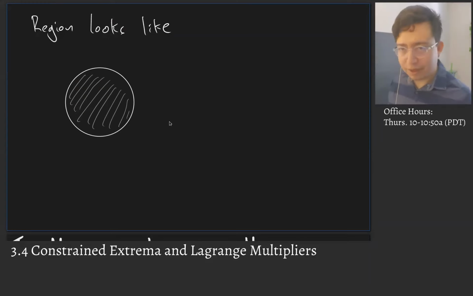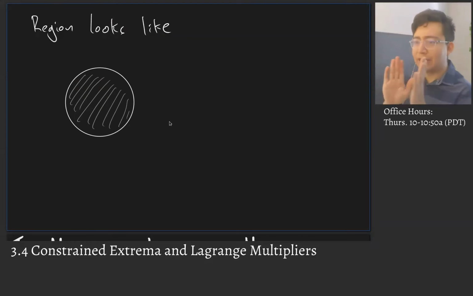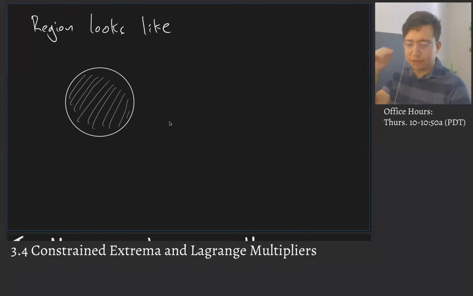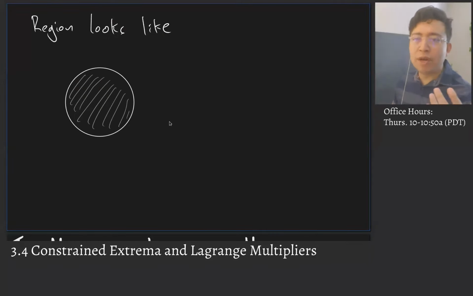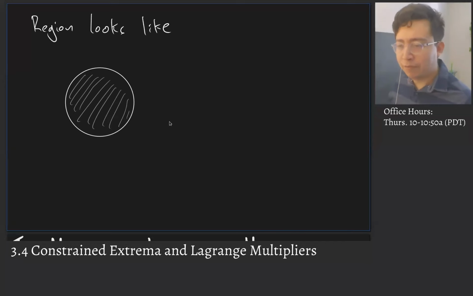All of the regions we're going to have, even if you can't break them up into nice parts where x is a function of y, you can have some equation for the actual region. So in this case, you'd say something like x minus a, where (a, b) is the center, squared, plus y minus b squared, is equal to r squared, right?